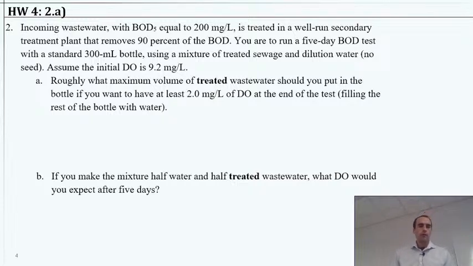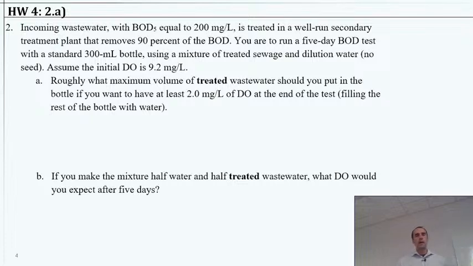So next problem, we have incoming wastewater with a BOD5 equal to 200 milligrams per liter. It is then treated in a well-run secondary treatment plant that removes 90% of the BOD. You are to run a 5-day BOD test with a standard 300 milliliter bottle using a mixture of treated sewage and dilution water with no seed, so we're not dealing with the complicated seed stuff, assuming the initial DO is 9.2 milligrams per liter.